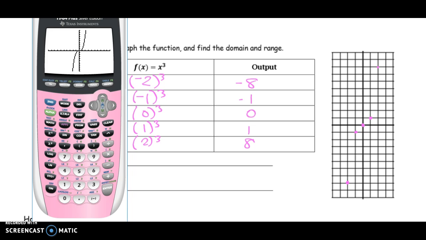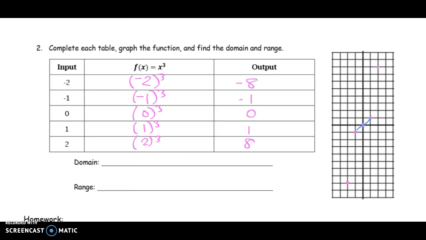And you see how it's got that curved shape. Yours should be curved too. You shouldn't have it be pointed. It's a smooth and continuous curve. So that's where we are.